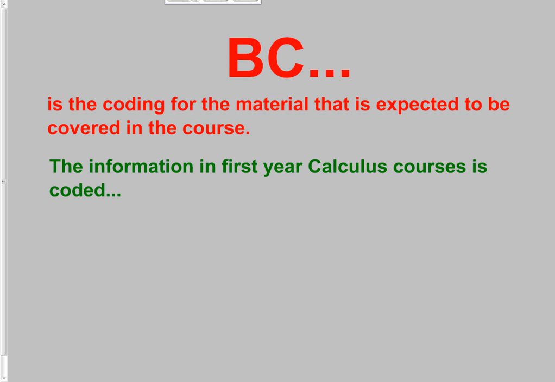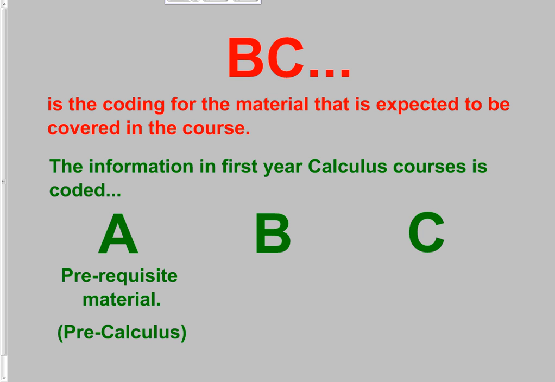Okay, so let's take a little bit of a look at that. The information in first year calculus courses is coded as such. Okay, so there's a lot of information that is actually being communicated by the A and the B and the C that are appearing in these course names. A was the designation that was given to the prerequisite material for first year calculus.